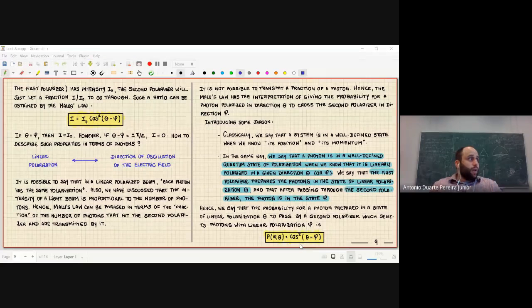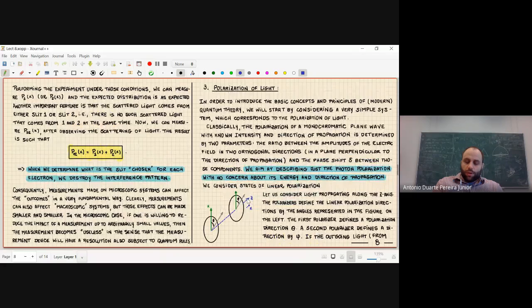So if I want to ask you, what are the chances of seeing a photon here in a state of polarization phi after passing through this polarizer here, which prepares the photons in polarization theta? Well, the chances are cosine squared of theta minus phi. Okay.